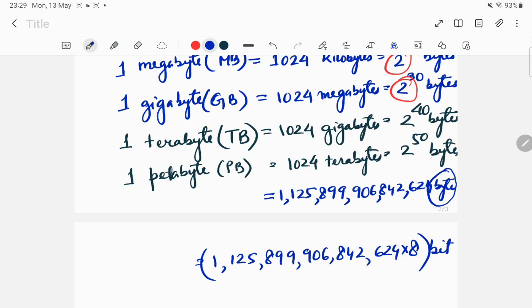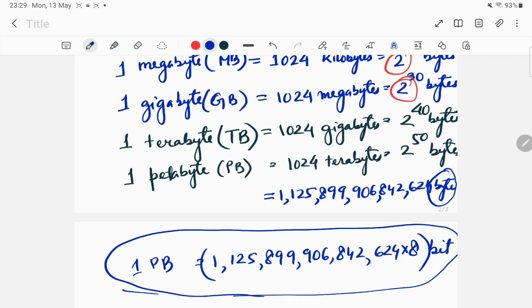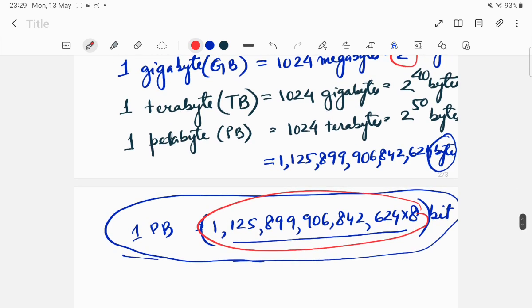That means if you have a file of 1 petabyte, the number of binary digits in that file is this whole number multiplied by 8. This is such a huge file. That is why if you have written 1 page, the size is different from 10 pages, because it needs more binary digits to transfer the data to the computer.